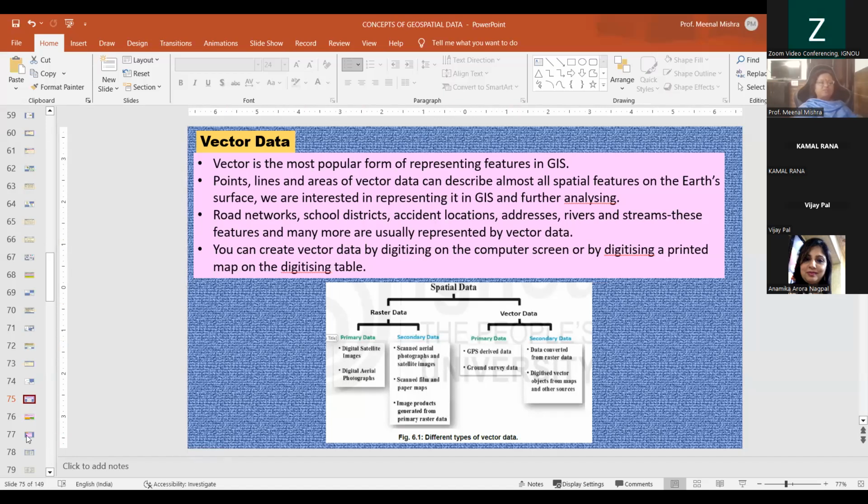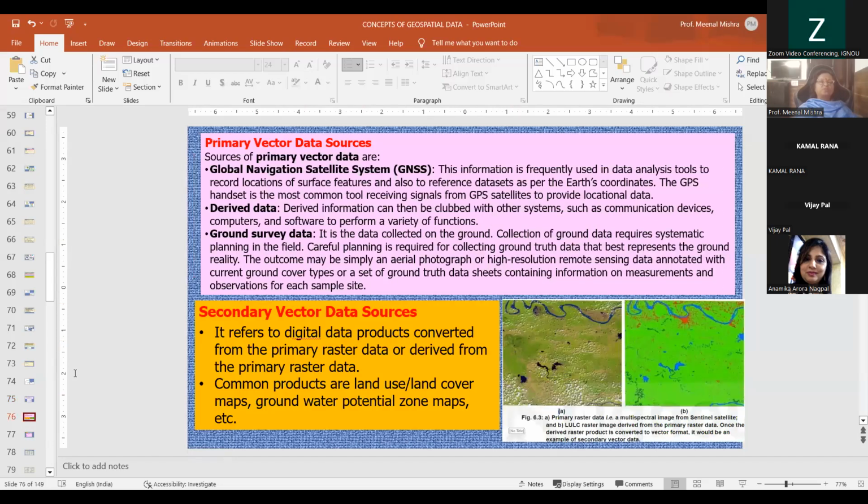This table is very much familiar to you, so I will not go into detail. Primary vector data sources are the Global Navigation Satellite System, that is GNSS. This information is very frequently used in data analysis tools to record the location of surface features and to refer datasets as per Earth's coordinates. So data from a GPS handset is used as primary vector data.